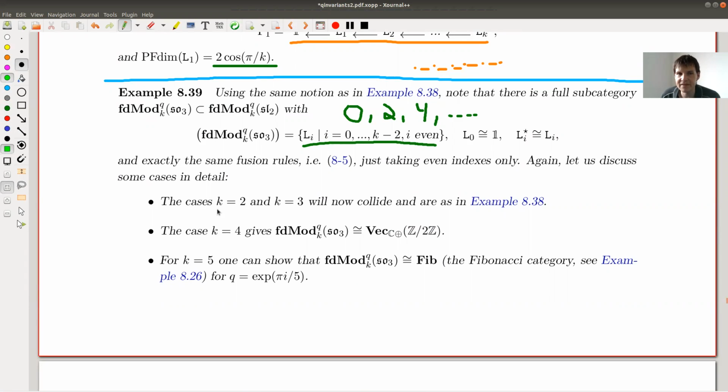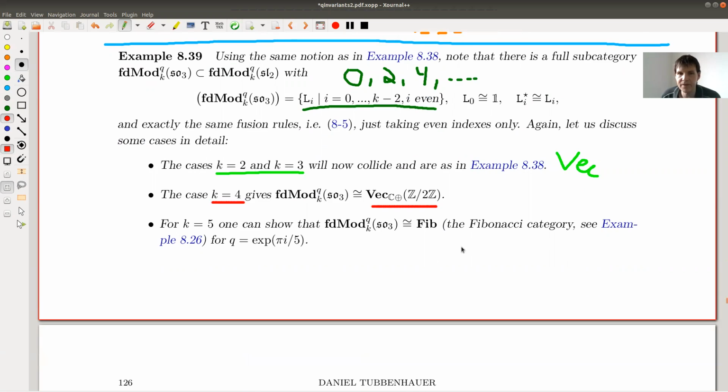And I can discuss a little bit the small cases. For k equals 2 and for k equals 3, that's Vect. For k equals 4, you get still something you have seen before, graded vector spaces.